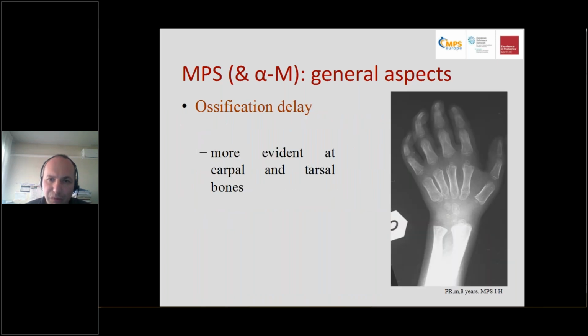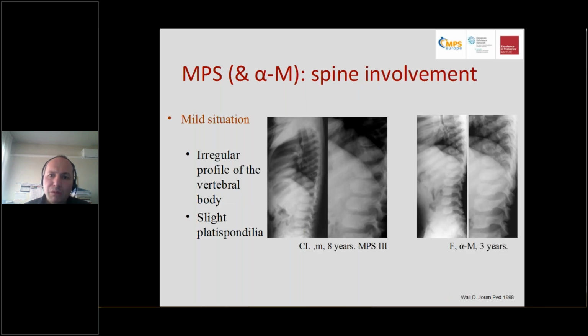Ossification delay is typical of mucopolysaccharidosis. I underline, not reported for alpha-mannosidosis, but I also have to say, not sufficiently studied, and this is more evident in the carpal and tarsal bones. What about the spine?